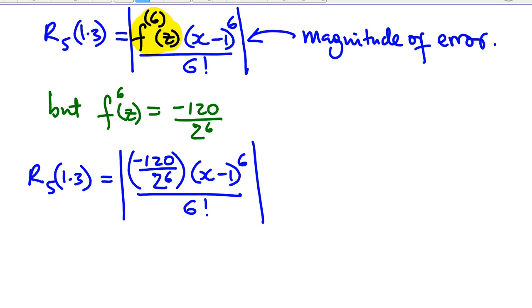Now, there's another thing that we need to think about. Since z is between 1 and 1.3, by inspection, there will be a larger error if z is equal to 1.